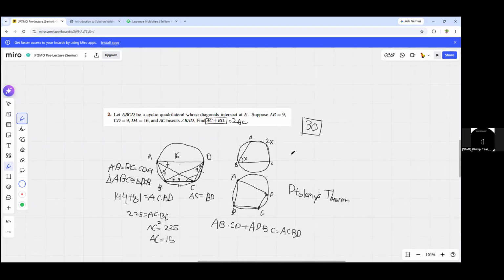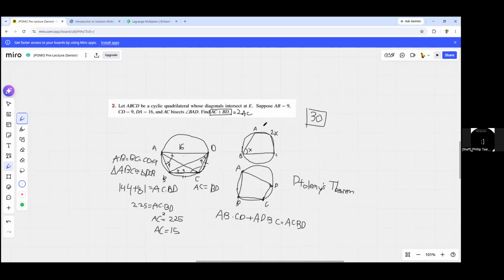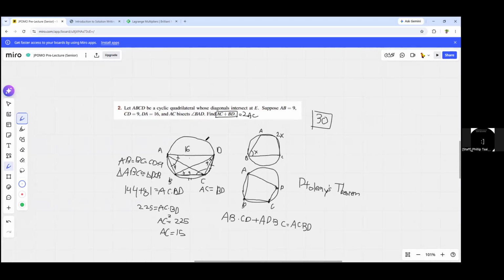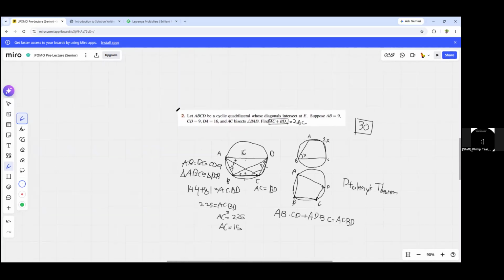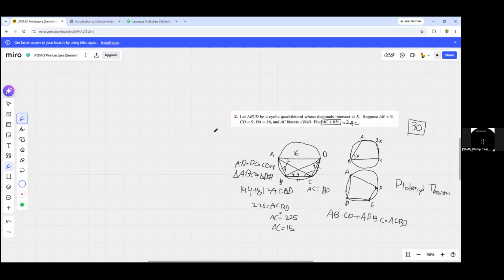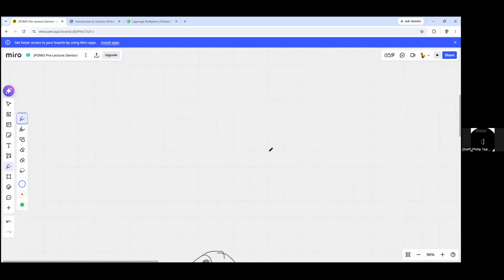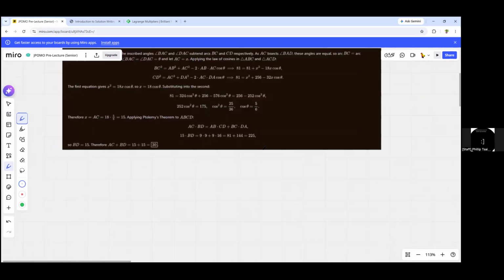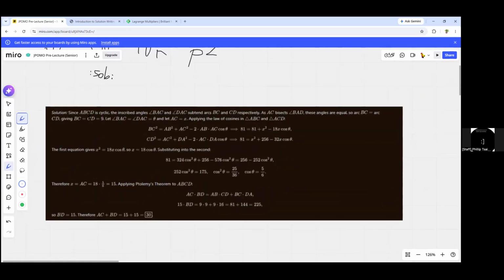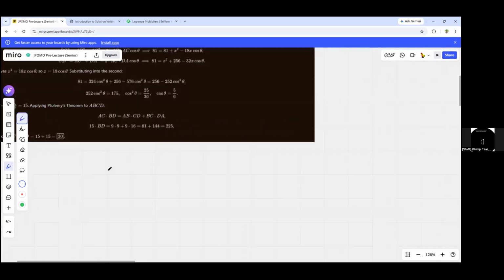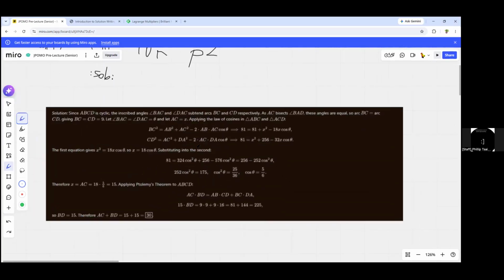Oh yeah, by the way, just as a side note, you can also prove this using law of cosines and a lot of bashing, but it's not particularly the most efficient way to do the problem because you have to do a lot of algebra.